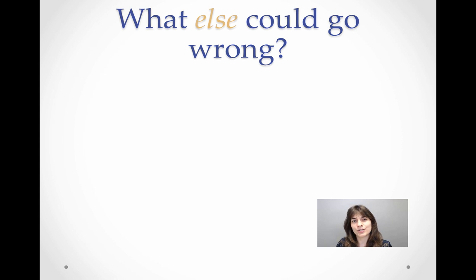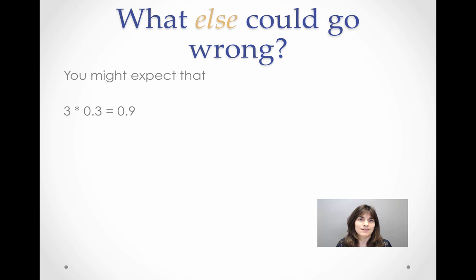We already mentioned dangers. What else could go wrong in our programming lives as far as the binary system is concerned? We might expect that if we multiply the decimal number 3 with the decimal number 0.3, we will get the decimal number 0.9. This is unfortunately not quite the case, and you can try it. We will try it in later examples as well.